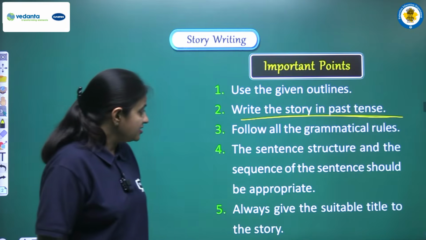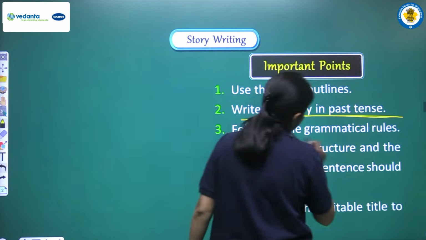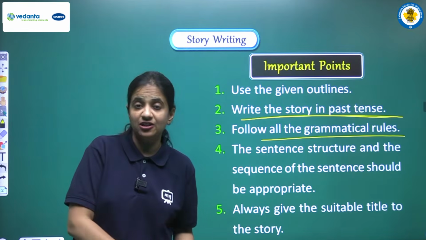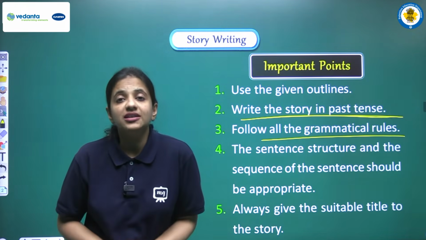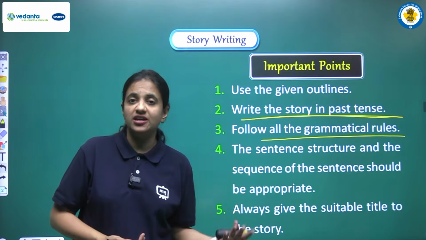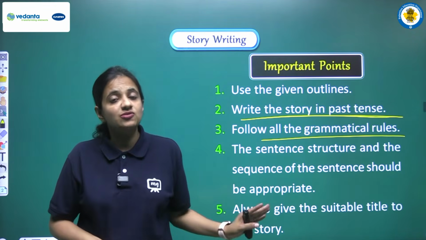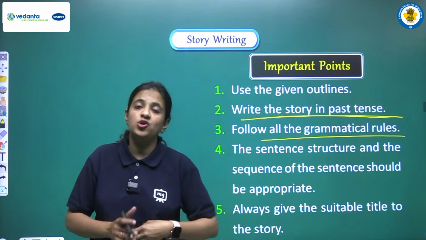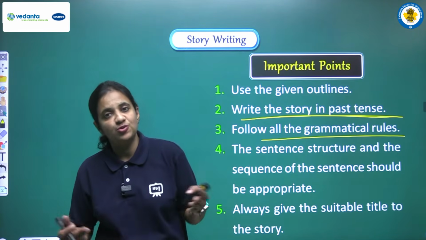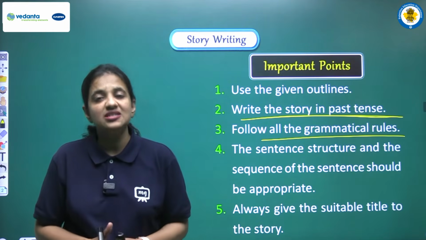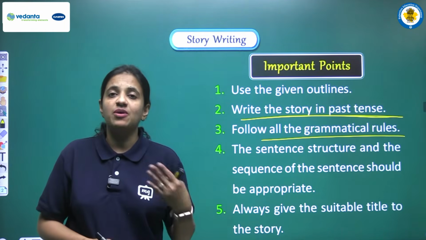Next is follow all the grammatical rules. We have to follow all the grammatical rules, so that tense is in proper order, and the sentence structure and sentence sequence are in a proper manner. We have to use adjectives, pronouns, and adverbs. All the grammatical rules should be followed in a perfect manner.